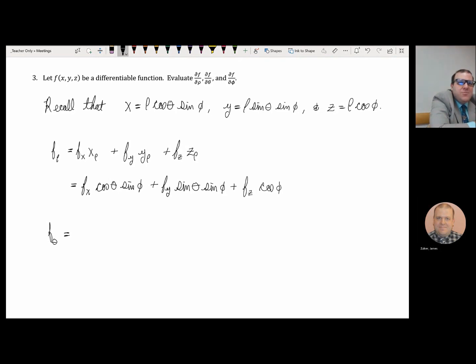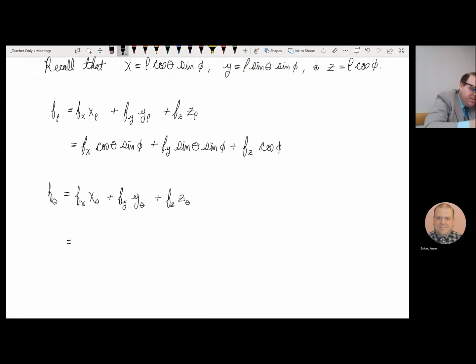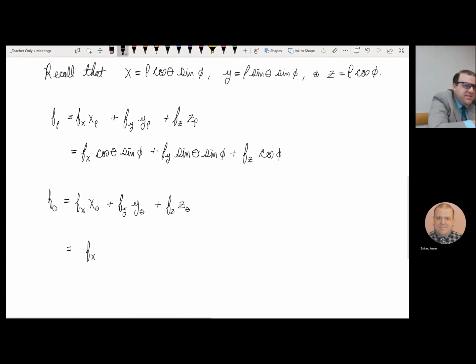Partial now with respect to theta. Well, it's going to be the same, except you replace the partial with respect to rho with partial with respect to theta above. What is the partial of x with respect to theta?